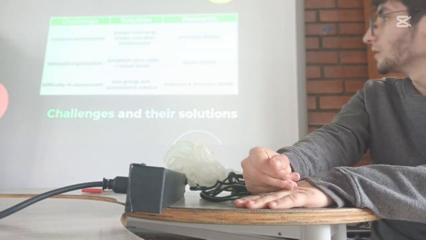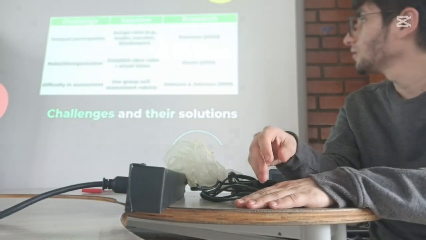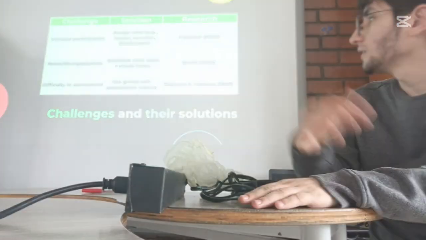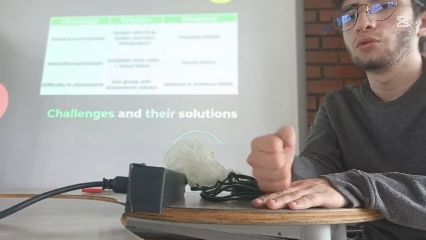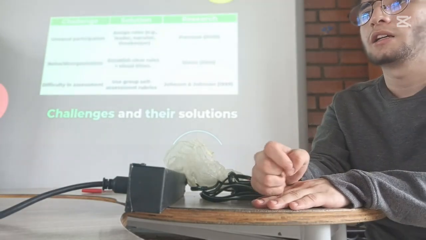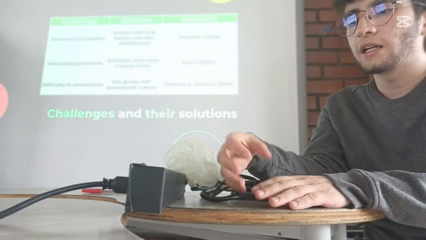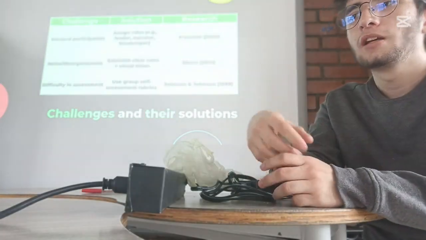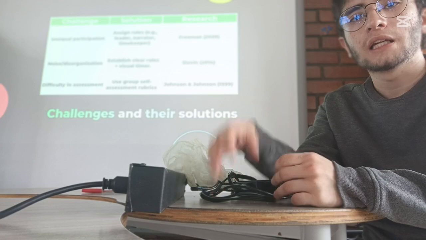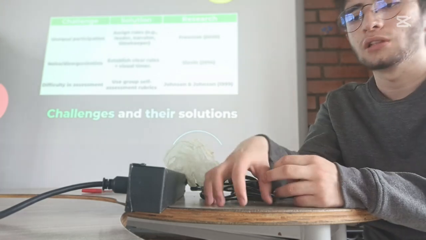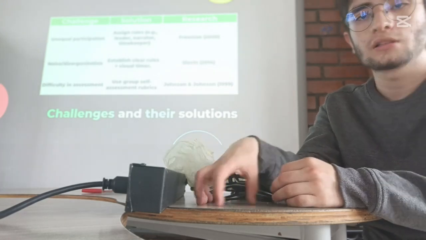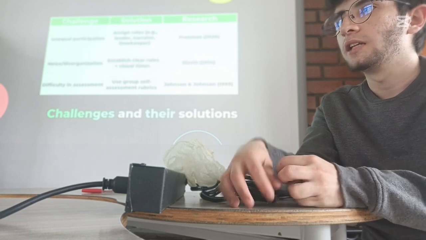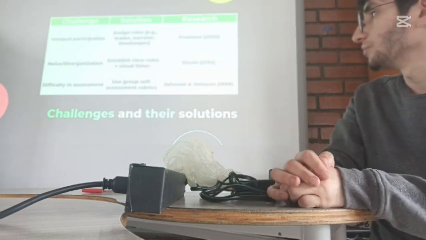The second one, establishing clear rules, and not only clear rules, but a punishment that is really taken into account when a student fails or doesn't do what he or she has to do.